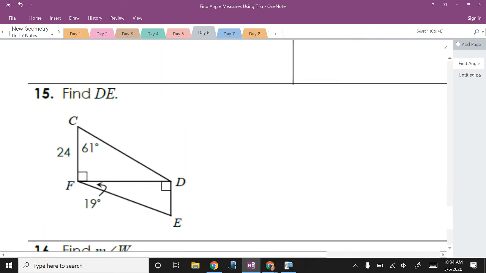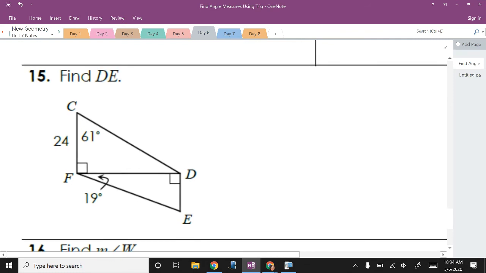Okay. Y'all look at number 15. It says find the length of DE, which is this, right? So obviously, I'm going to have to find a few more things before I can find DE. Do y'all see that? Okay, well, I've got two triangles here.